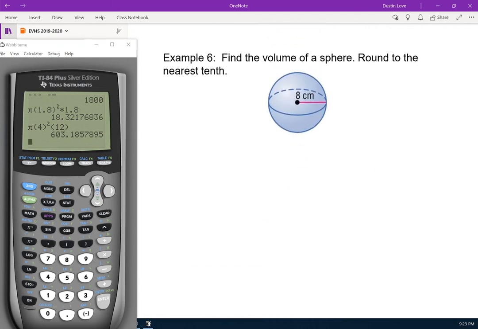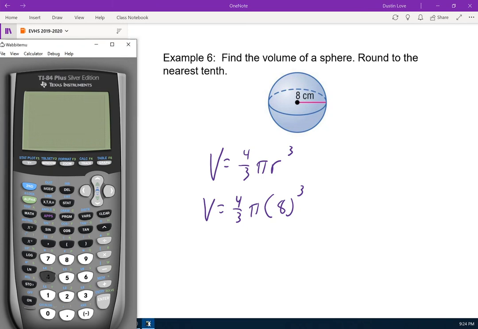Okay, here, my radius is 8. Volume equals 4/3 pi r cubed. 4/3 times pi times 8 cubed. Now, watch this in the calculator. 4 divided by 3 times pi, we're using the pi button on all these, times 8 caret 3.